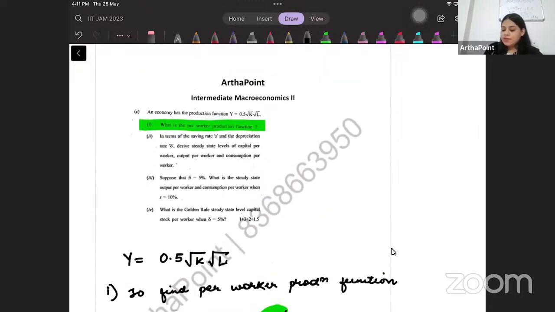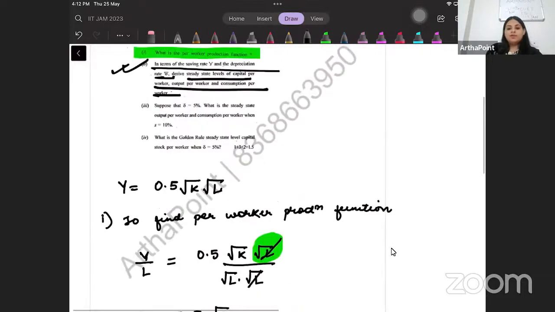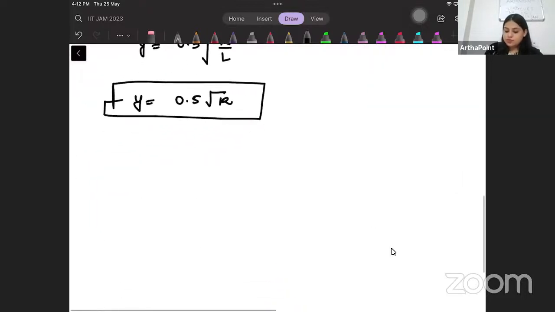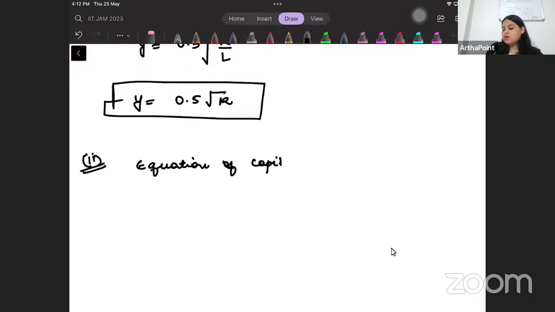Come to the next part, beta. In terms of saving rate, s, and depreciation, derive the steady state level of capital per worker, output per worker, and consumption per worker. So now we know the equation of capital accumulation.